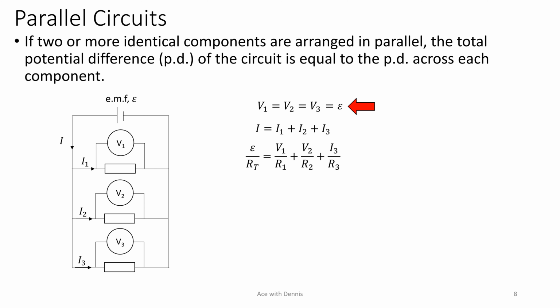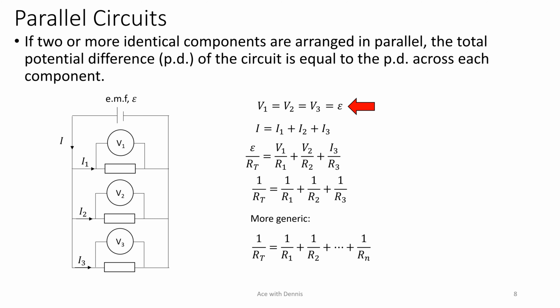Since the potential differences have the same value, 1 over RT equals 1 over R1 plus 1 over R2 plus 1 over R3. In a more generic form, 1 over R total equals 1 over R1 plus 1 over R2 plus, till the last resistor, 1 over Rn. This is the formula to find the total resistance in a parallel circuit.